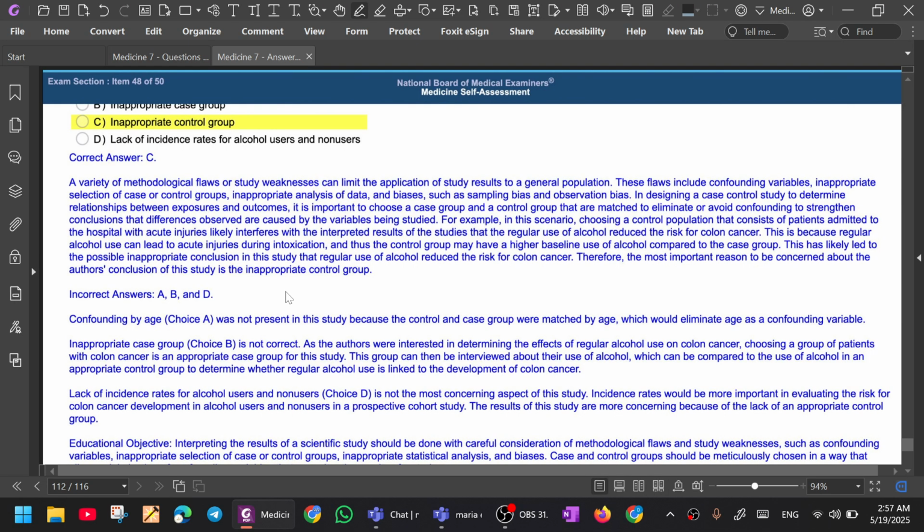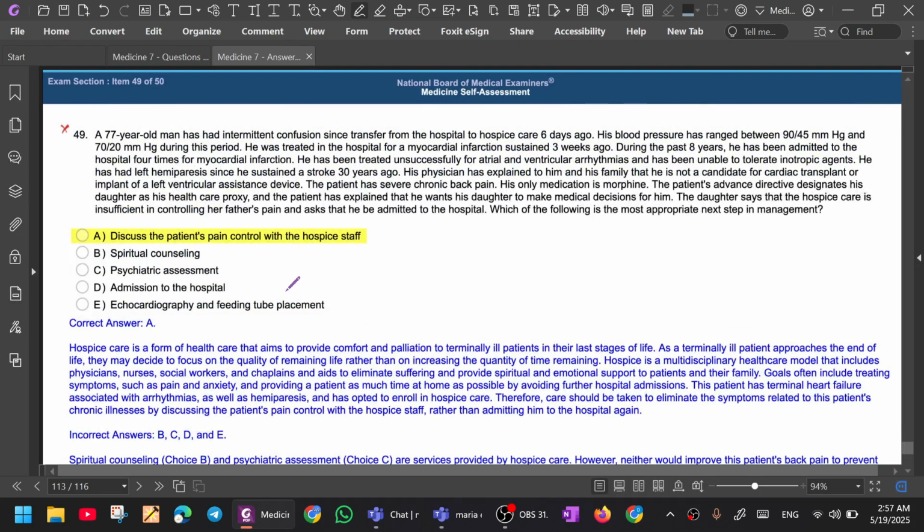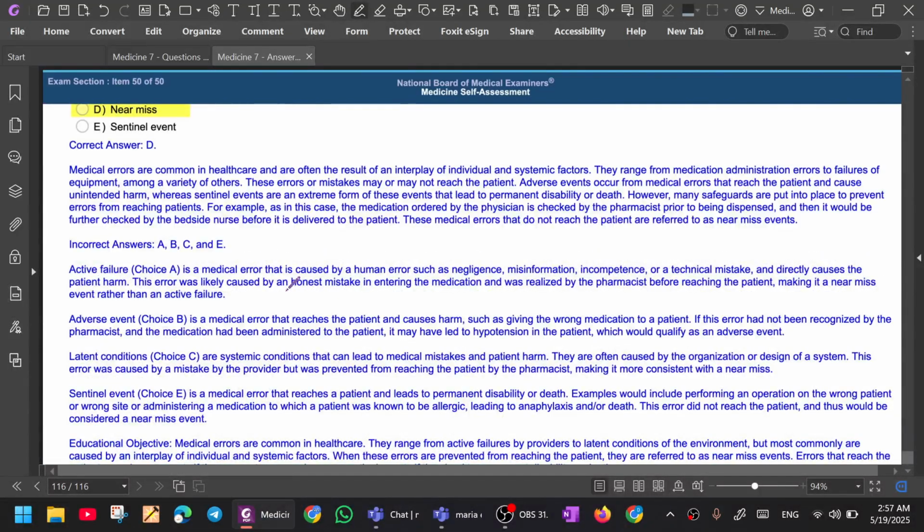Medical errors are common in healthcare and are often the result of interplay of individual and systemic factors. They range from medication administration errors to failures of equipment, among a variety of others. These errors or mistakes may or may not reach the patient.